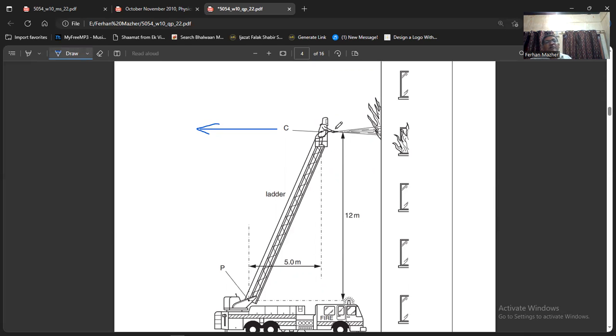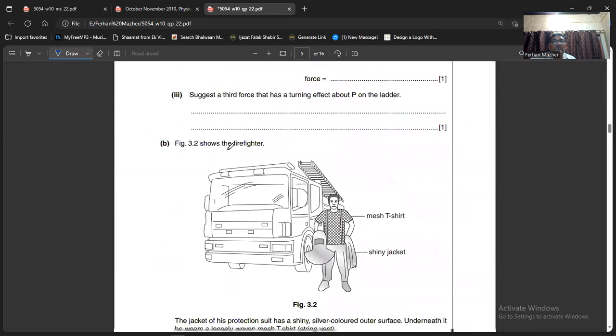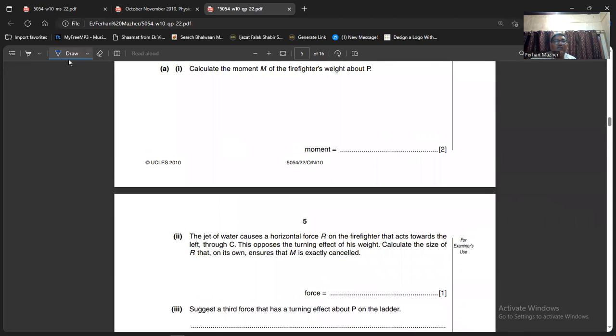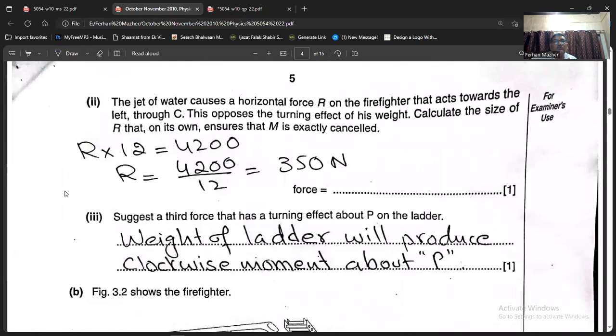And the moment produced by this force R will be equal to the moment produced by the weight of the firefighter. So you see, moment produced by the weight of the firefighter we have already calculated, that is 4200 Newton meter.